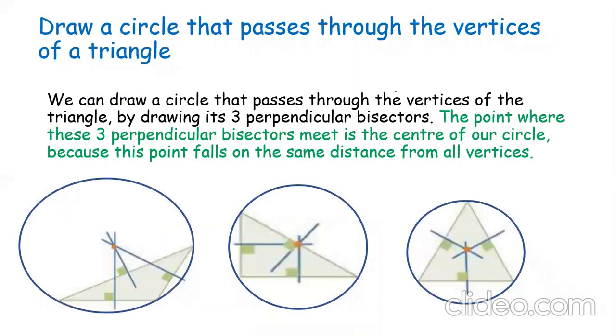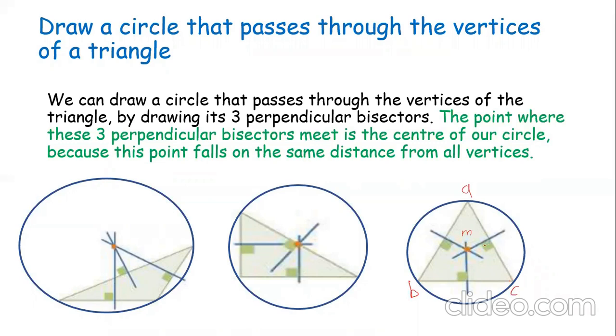So as we have seen, in each case of the previous three cases, this point M falls at the same distance from all vertices. So if I call this A and B and C here, the length of MA is equal to the length of MB and is equal to the length of MC.